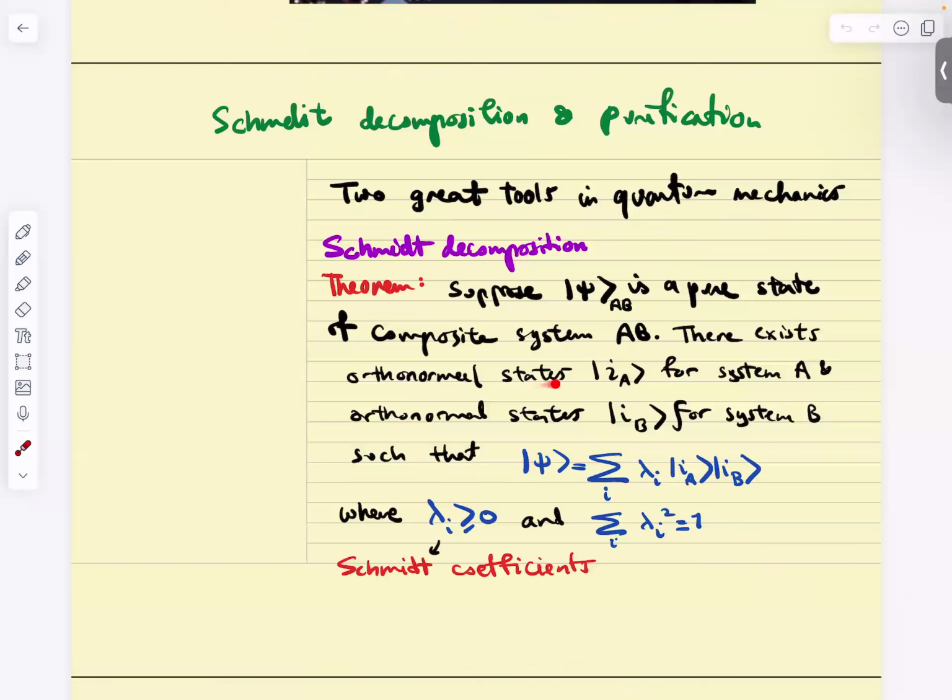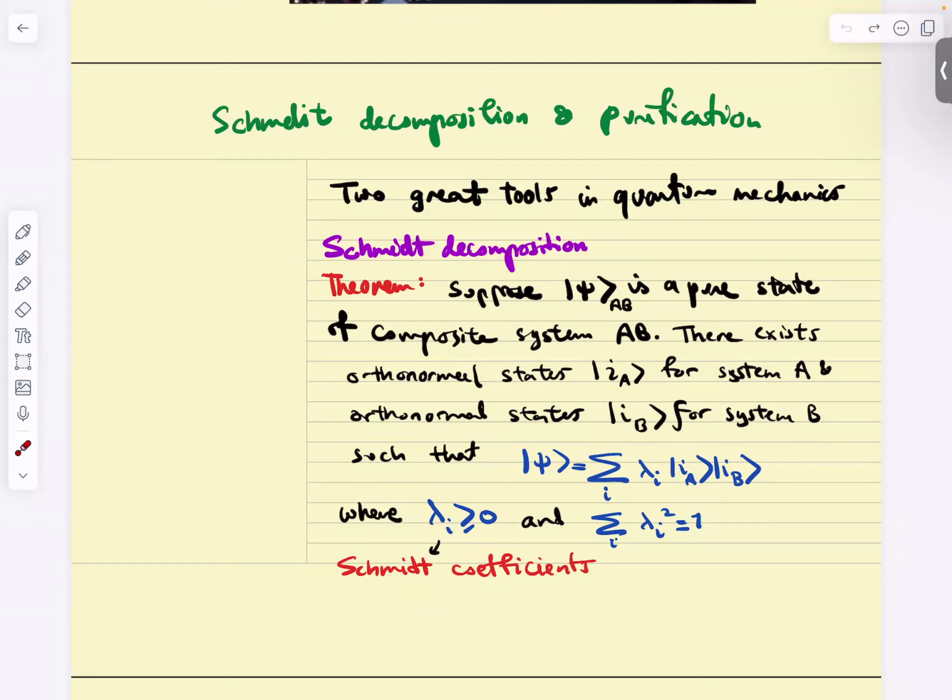There exist orthonormal states |i_A> of system A and orthonormal states |i_B> for system B, such that the ket can always be written as a sum over i, lambda_i |i_A>|i_B>, with non-negative lambda_i's.